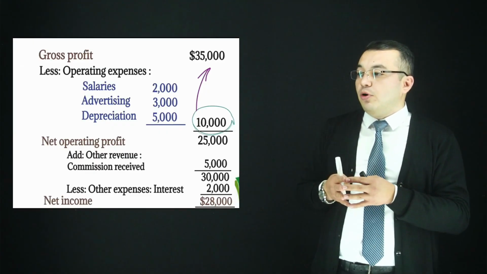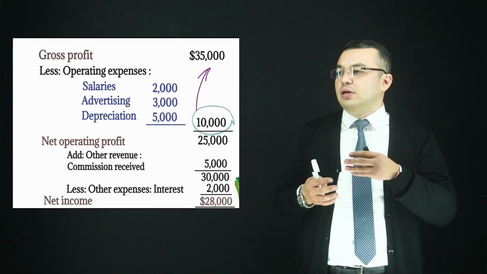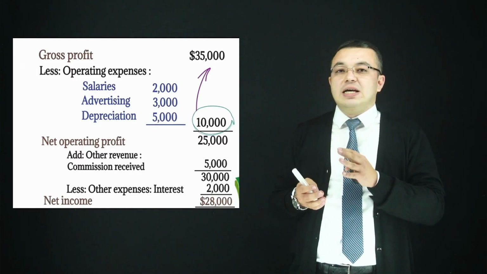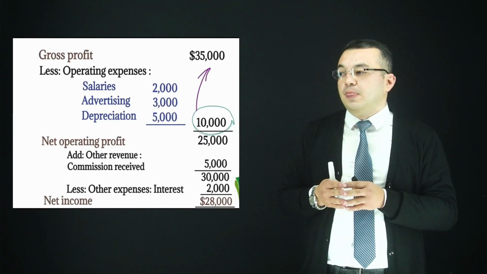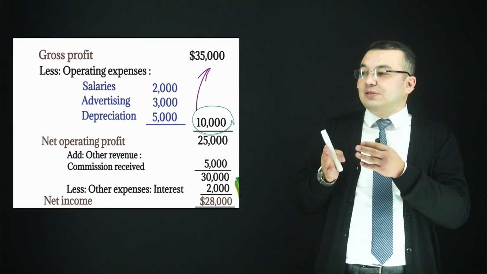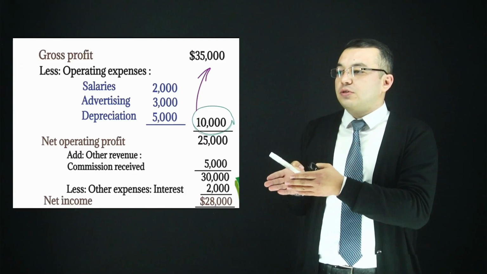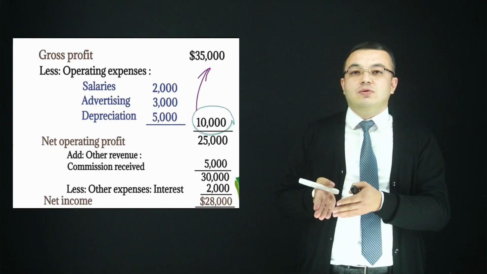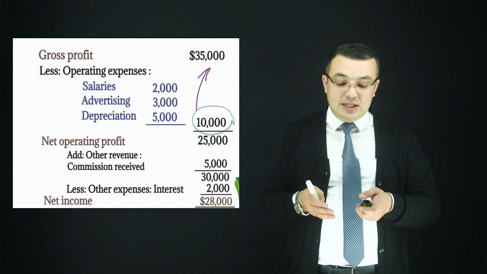Net operating profit plus other revenues, commission received, we add $5,000, and it will be $30,000. Less other expenses, interest, you can see we subtract $2,000, and net income will be $28,000. I think it's understandable for you.